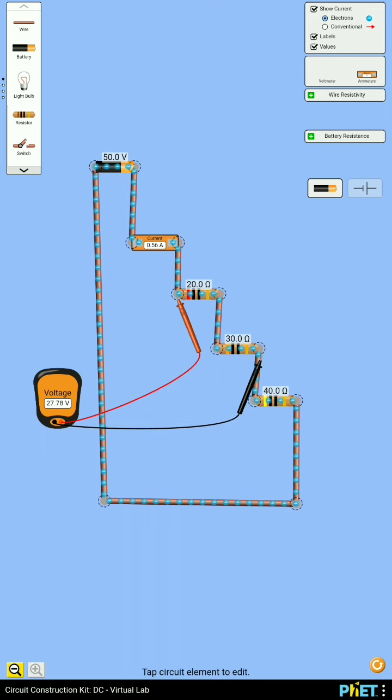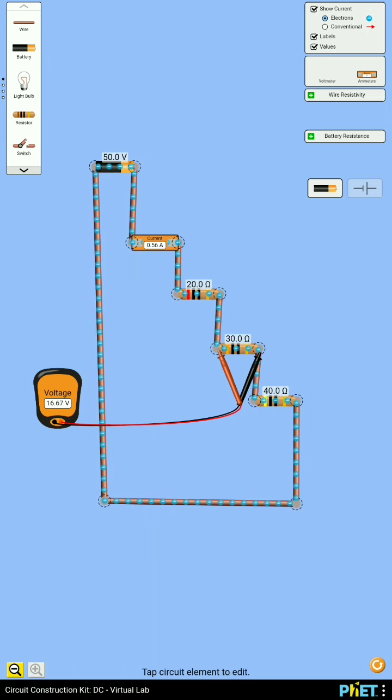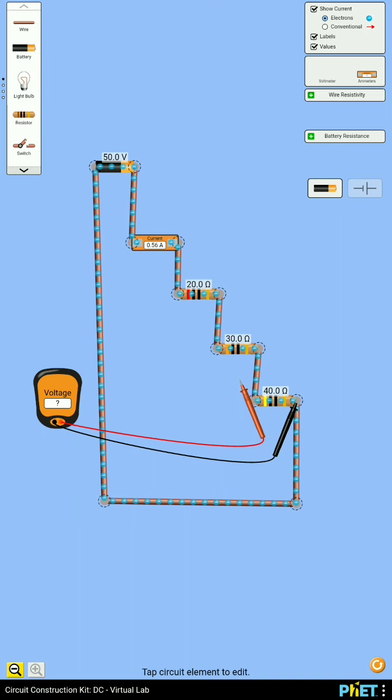Voltage drop in second resistance is 16.67 volt, and voltage drop in third resistance 22.22 volt.